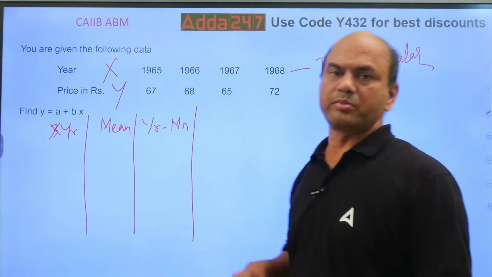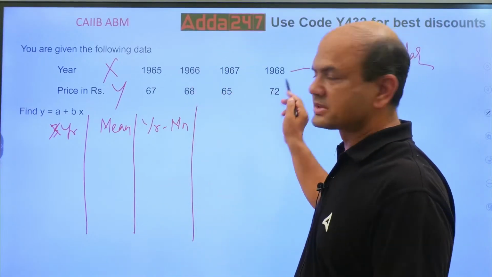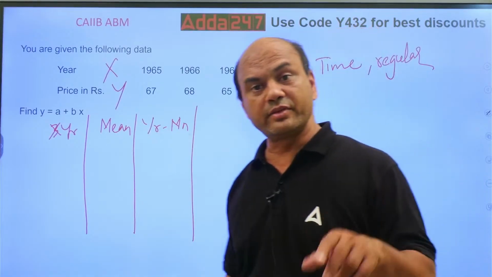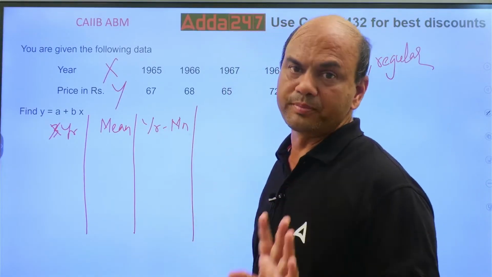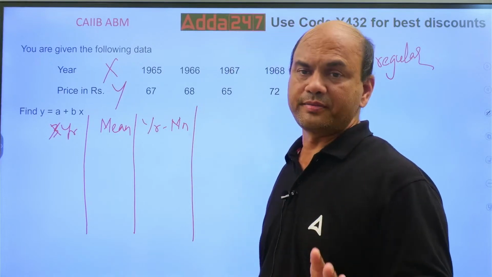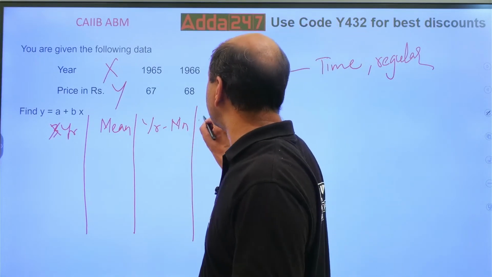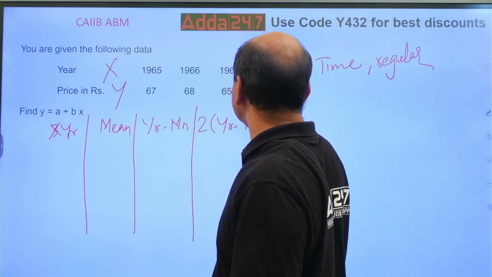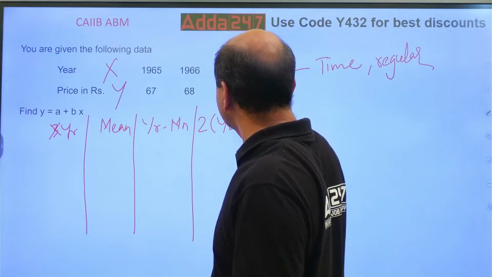Then one important point: if the number of years given is even, you have to multiply this by 2. Mind this and keep this by heart. Multiply by 2 into year minus mean. So this becomes your x.